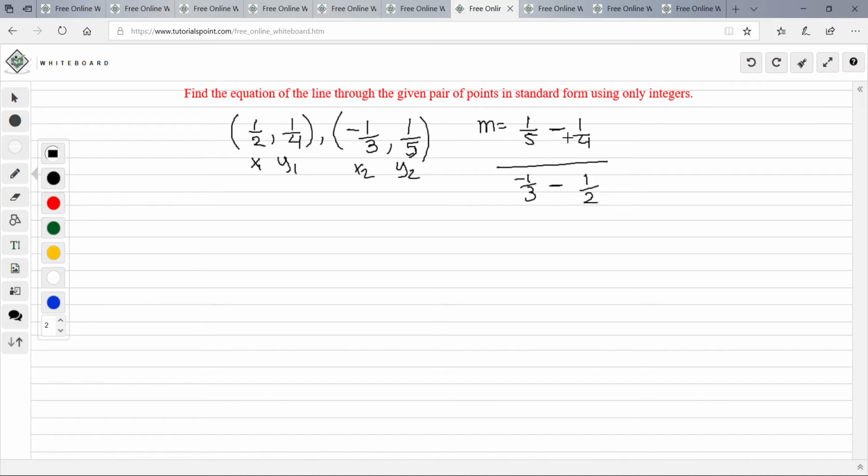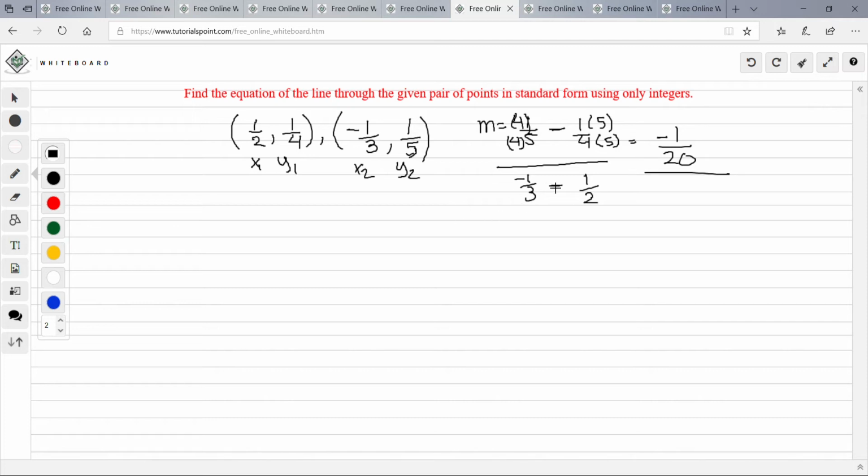So what I'm going to do is first simplify the numerator. So what is our GCF of 5 and 4? Which is 20. So we have to multiply the 4 by 5, multiply this by 4. So on the numerator you should get negative 1/20.